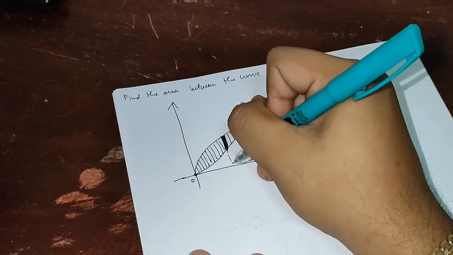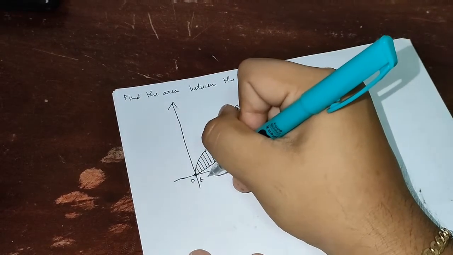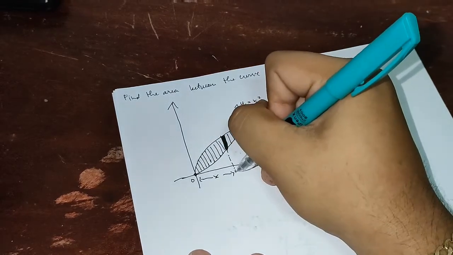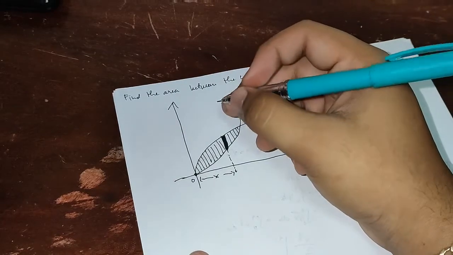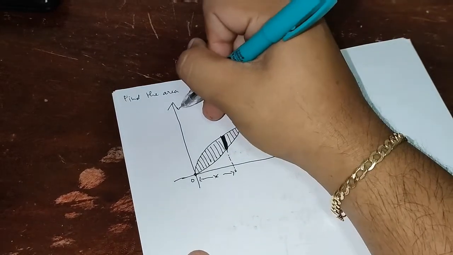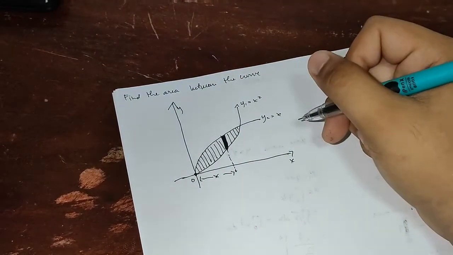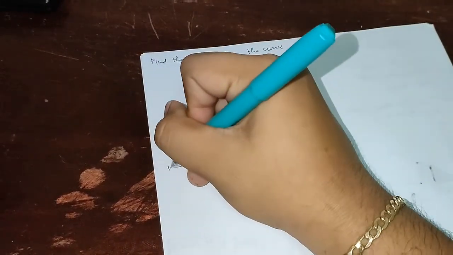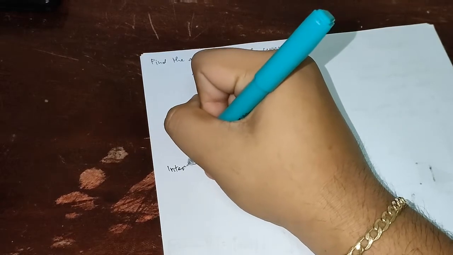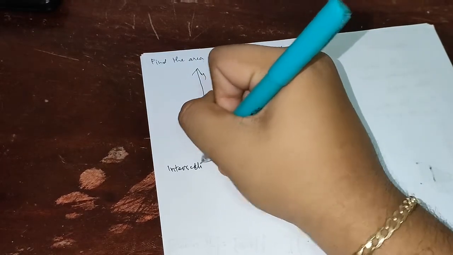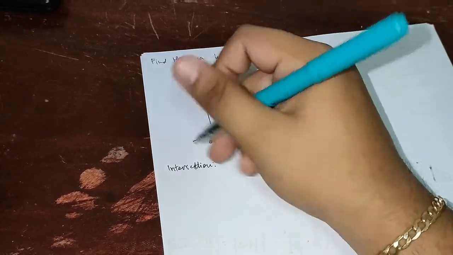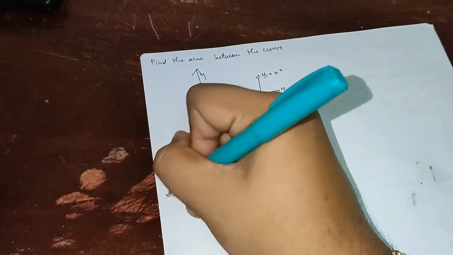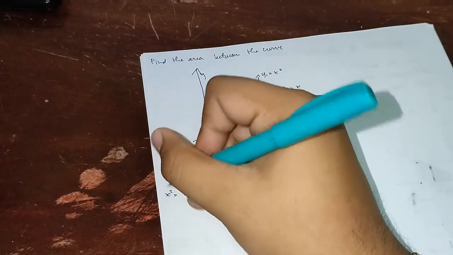Which here is equals to dx. First, we're gonna find the intersection. y equals y. x squared is equals to x.